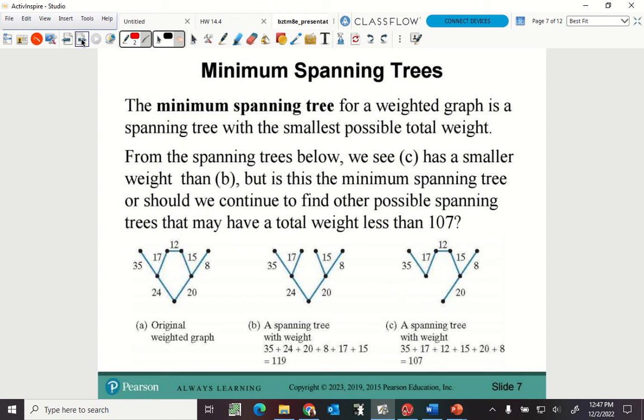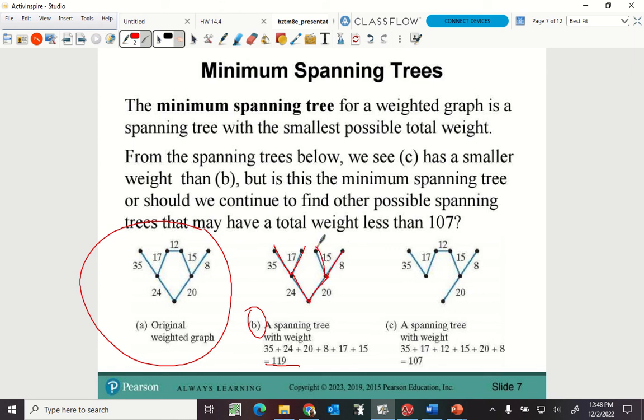All right, let's look. So looking here, this is the original. That's all of them with the weights. And if I'm looking right here, when I did B, I came up with 119. So I went through all these and added them together, bam, bam.